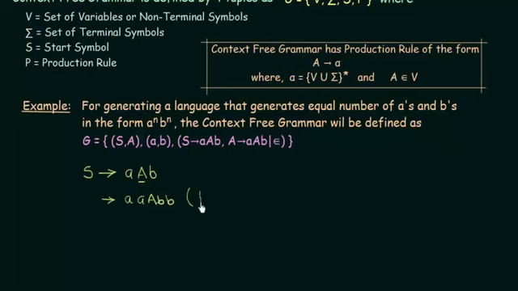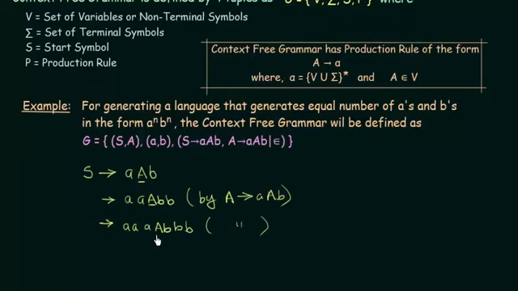So this is by the production which says A gives aAb. Alright, now let's try to expand this further. Here we have aaAbb. Now this A, using the same production rule, I will expand it again. So these two a's will come down as they are, and instead of this A, I will write aAb, and these two b's are remaining, they will come down as they are. So this is also using the same production rule as above.